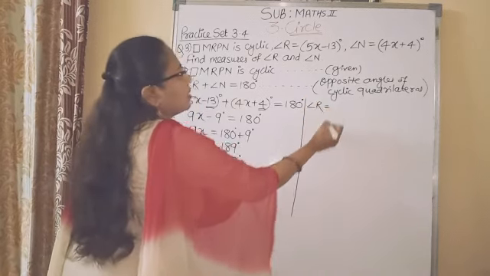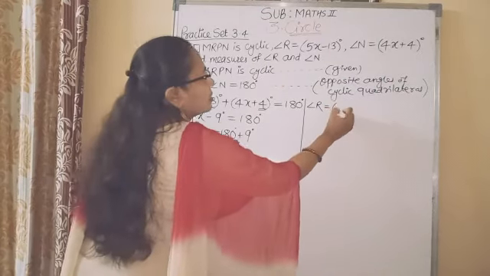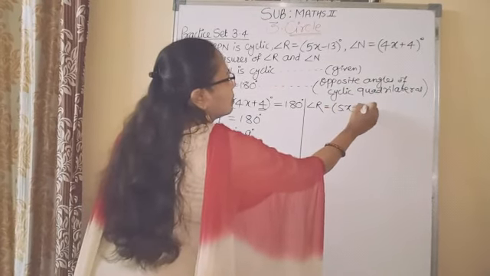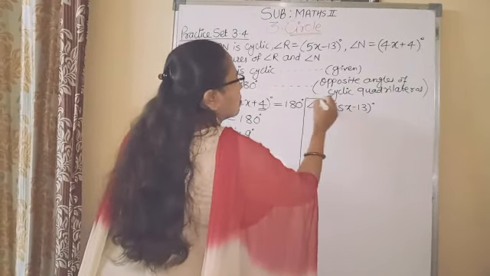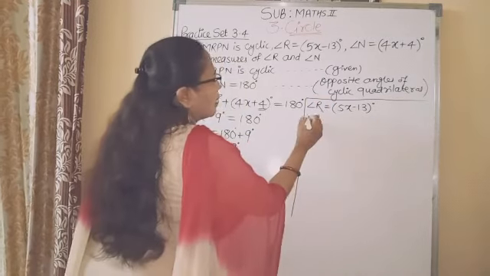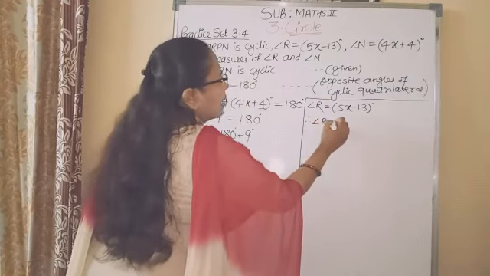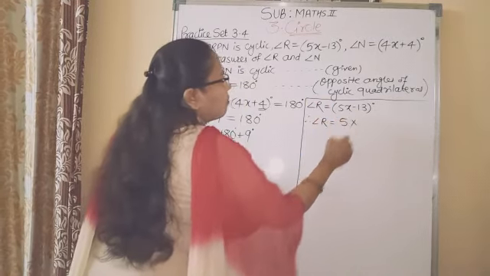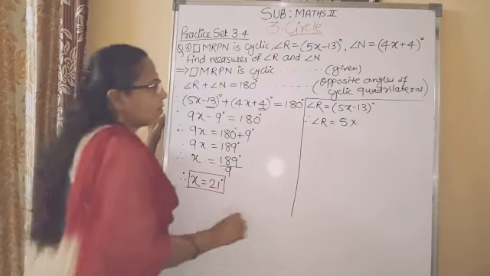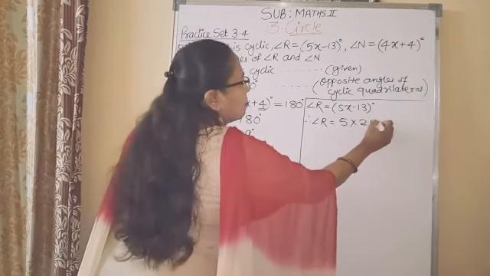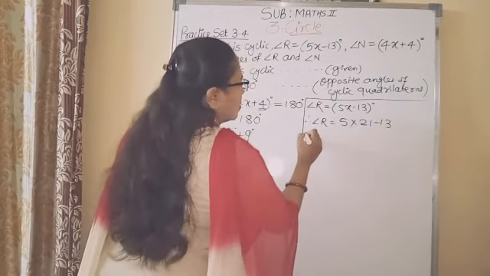Angle R is given 5x minus 13 degree. Therefore, angle R is equal to 5 multiplied by 21 minus 13.